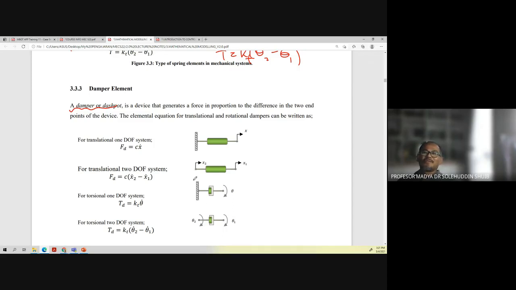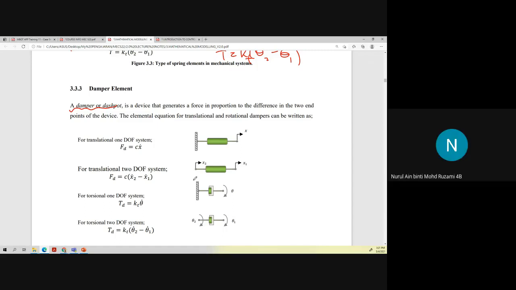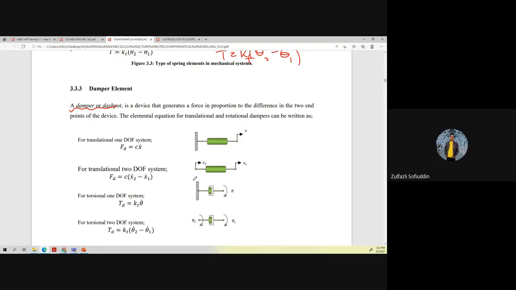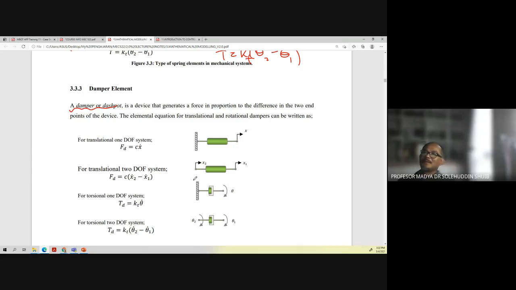Most of you have motorbike, you have a big bike, have a car, right? So what is the use of the damper? To compensate the vibration. Okay. The right word is, I think, to absorb.